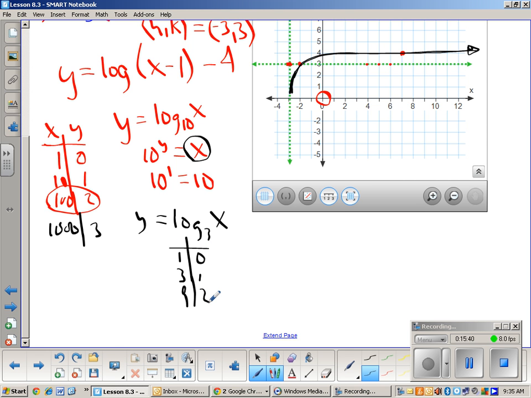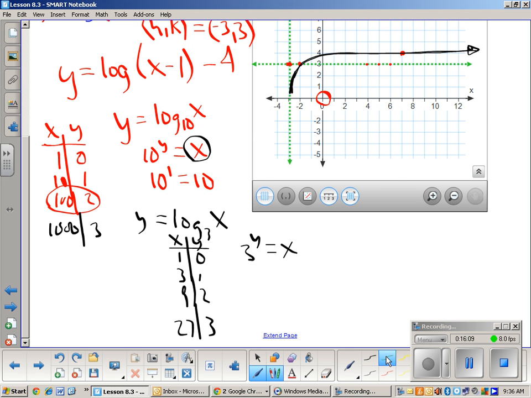And that's 3 to the y is equal to x. And so 3 to the 0 is 1. 3 to the 1 is 3. 3 to the second is 9. 3 to the third is 27. So it's going to change my graph a little bit, but not a whole bunch. It's still going to be the basic shape.